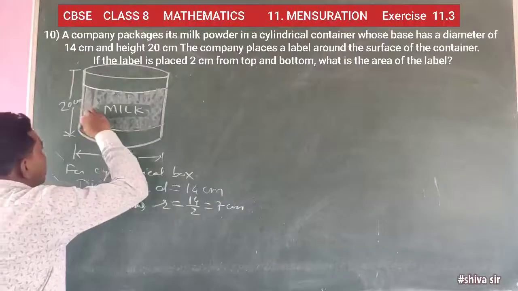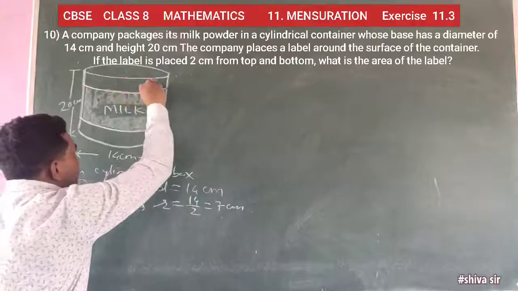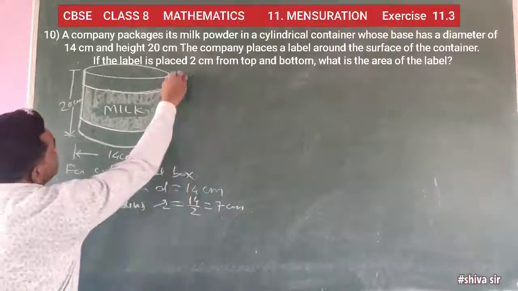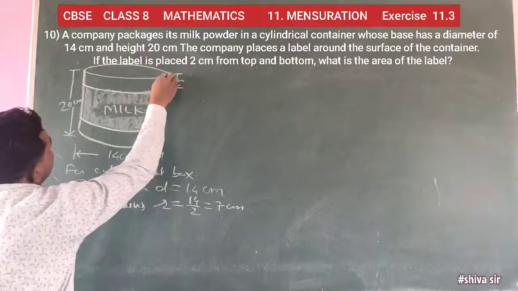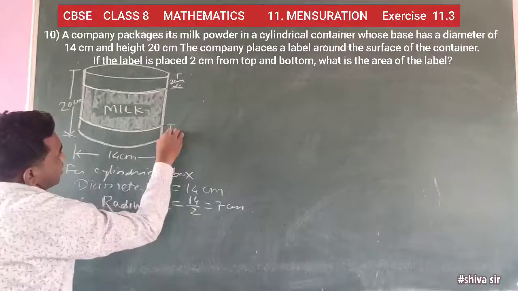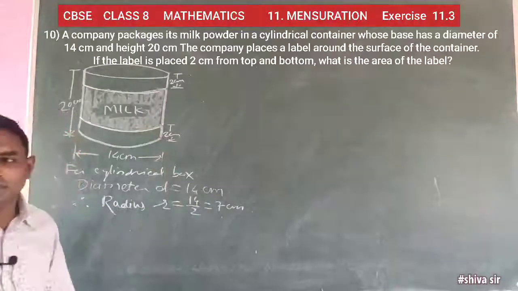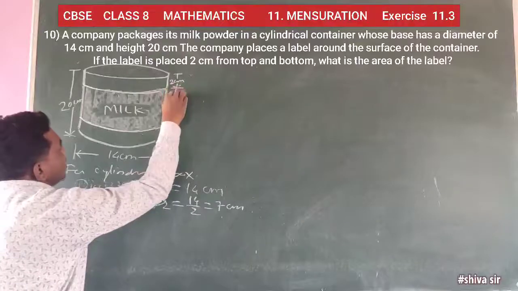The company wants to place the label 2 centimeter away from the bottom and the top. This area is 2 centimeter, and in that area there is no label. Again this area is 2 centimeter, and there is no label. This is the remaining portion where the label is present.